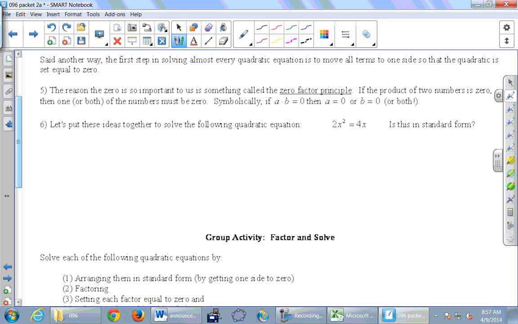So we're trying to solve this equation, 2x squared equals 4x. Okay, so the first step apparently is to get it in standard form, which means we need a 0 on the one side. So let's go ahead and subtract 4x from both sides. So we get 2x squared minus 4x equals 0.